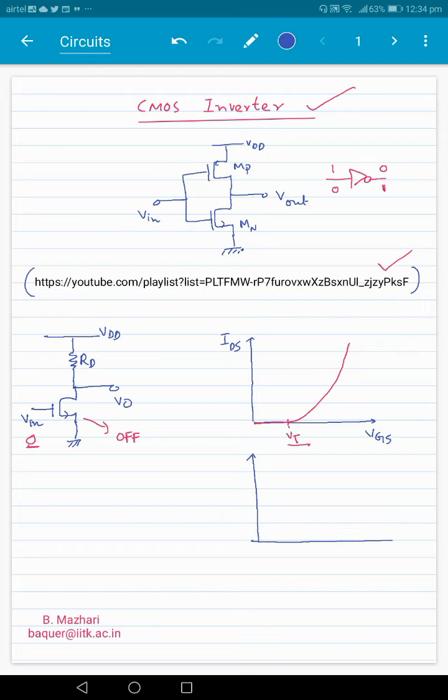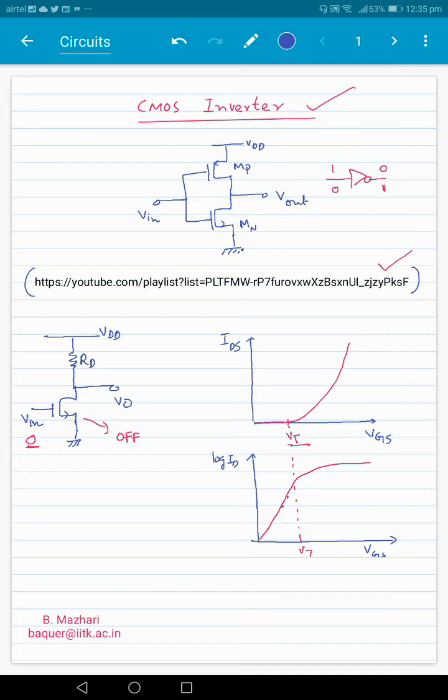So if you plot log ID versus VGS, let's say this is around VT, the graph would look like this. So below VT, we see that there is current flowing.